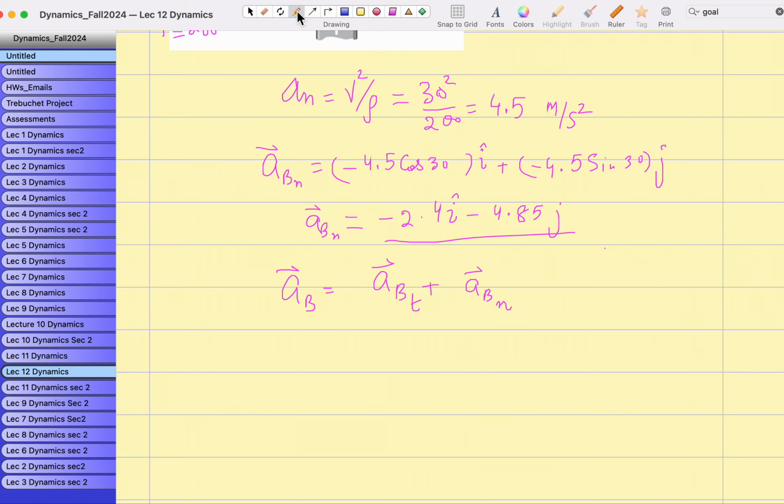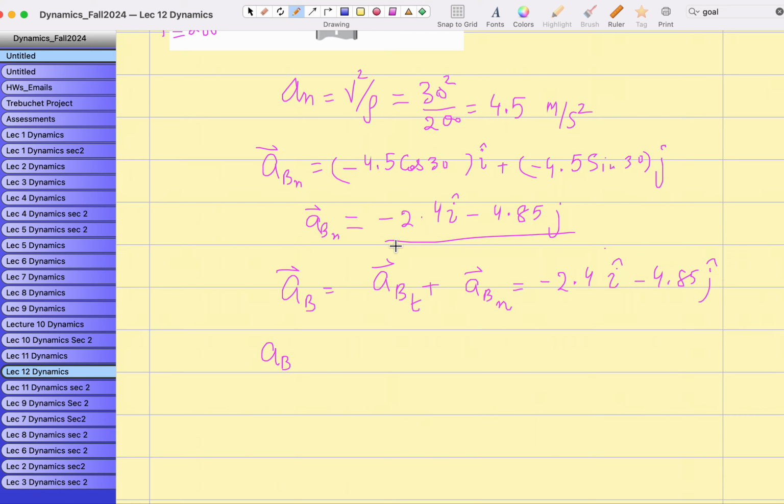So if I say this is the corresponding component, so I would say a_B from A. By the way, this a_B from A, it is negative 2.4 i unit vector, negative 4.85 j unit vector.